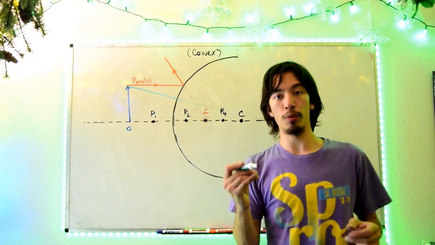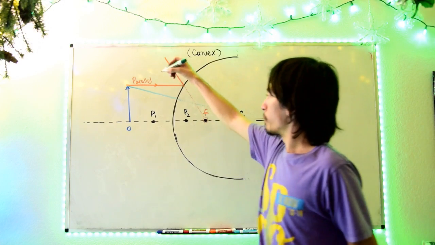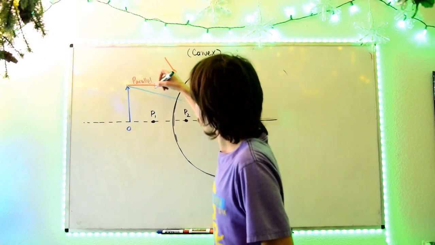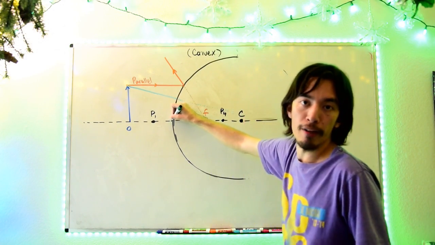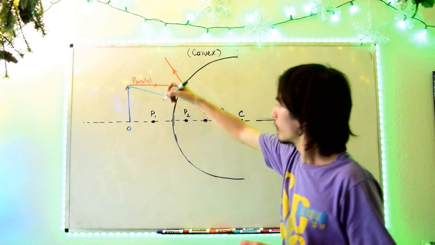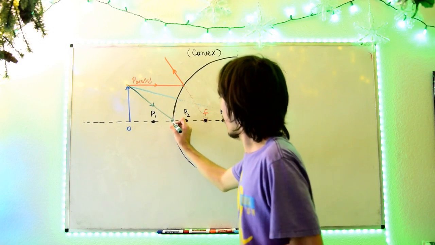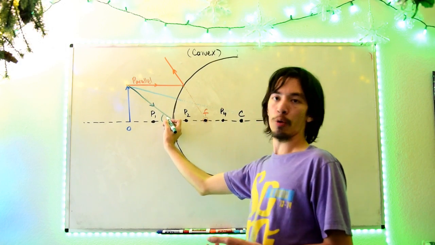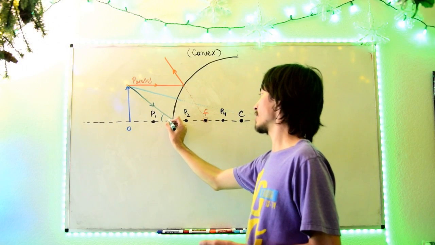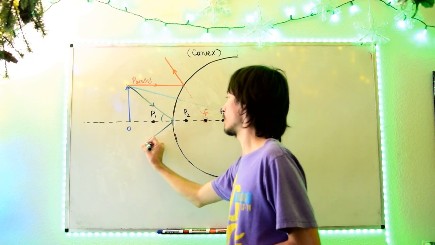So I'm going to use what's called the midpoint ray. The midpoint ray will go from the top of the object, hit the midpoint of the mirror, also known as the vertex. It will go to the vertex and bounce off at exactly the same angle that it came in at. So you have to then take that angle and do the same angle below, like that.